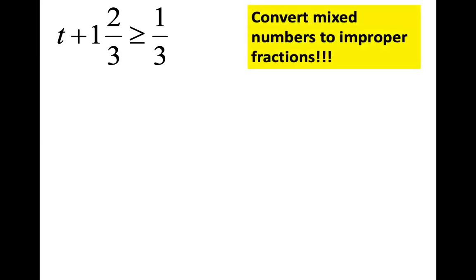There's not enough to borrow from over here, right? You can borrow 1 and then you're out of things to borrow from. So listen to my advice of always write things when they're mixed numbers as improper fractions. 1 2/3 as an improper fraction is what? 5/3. So convert mixed numbers to improper fractions. Listen to the math teacher.